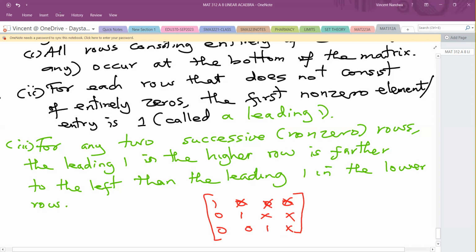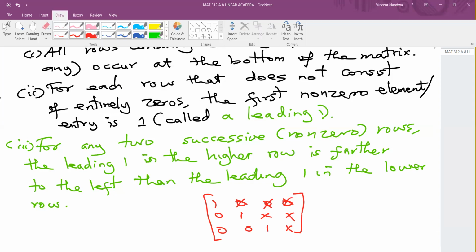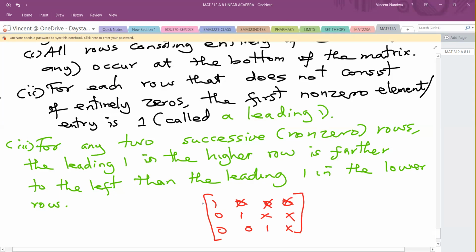So you see, for example, this is an example of a row echelon matrix. This is the first row, this is the leading one. In the second row, this is the leading one, and in the third row, this is the leading one.